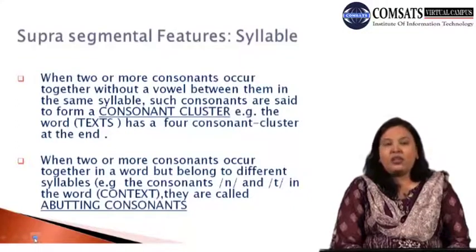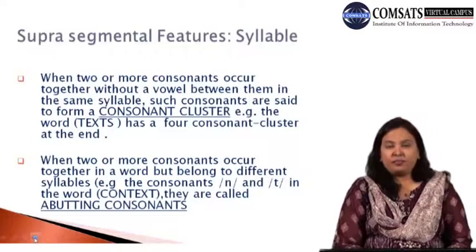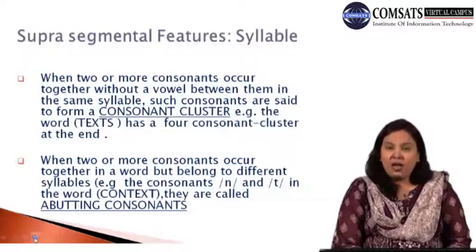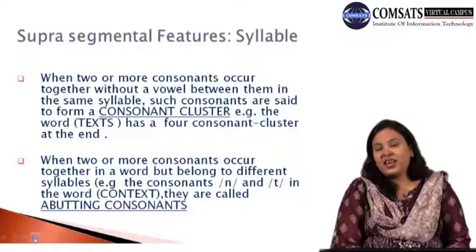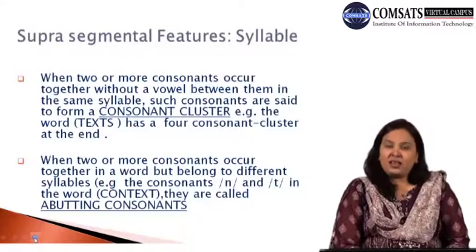For example, context. Now context is made up of two syllables, con and text, and inside con, the last consonant sound is n, and in the second syllable, text, the first consonant sound is t. Now n and t exist together in context, two consonants existing together, but they are part of two different syllables.